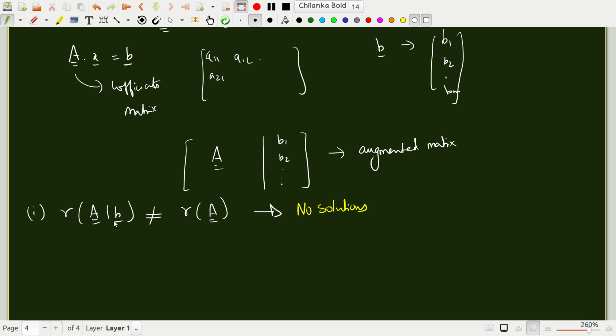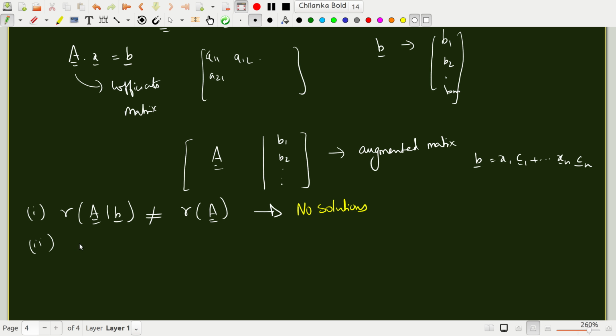If you understand rank as the number of linearly independent vectors of A, then b should be linearly dependent on the column vectors of A. Only then can you express b as x1 c1 plus so on up to xn cn. So this is the same idea stated using the notion of rank.